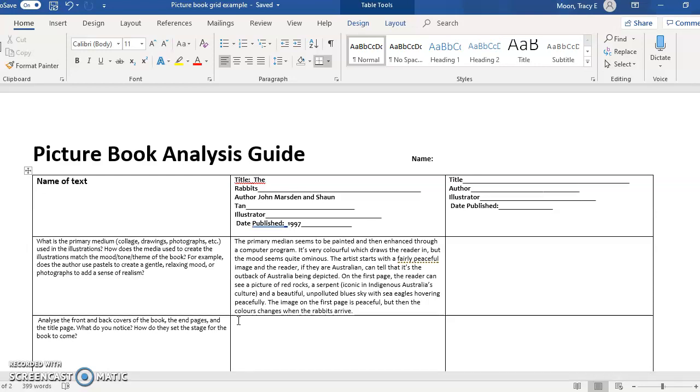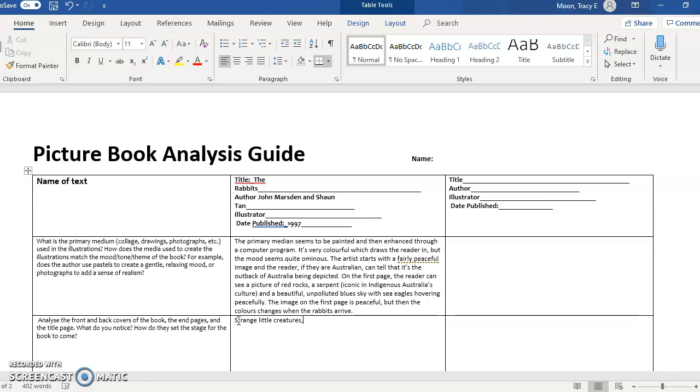Okay, what can I see on the cover? I can see they're dressed in colonial, they're dressed in military outfit. Strange little creatures with pointy noses. Ah, they're rabbits.